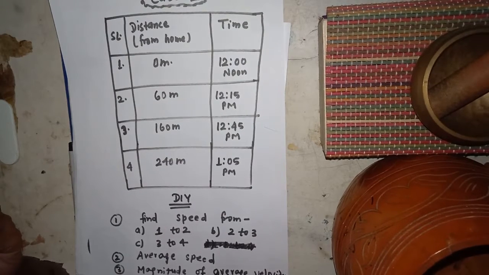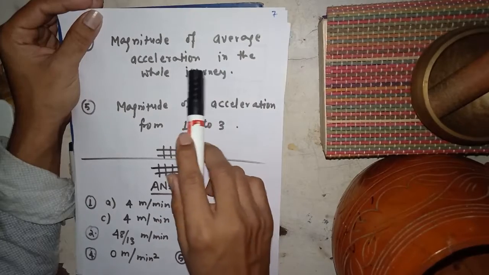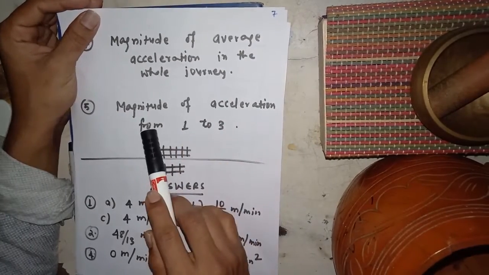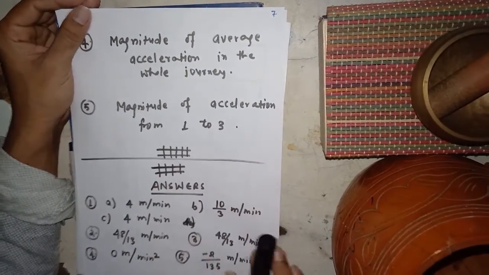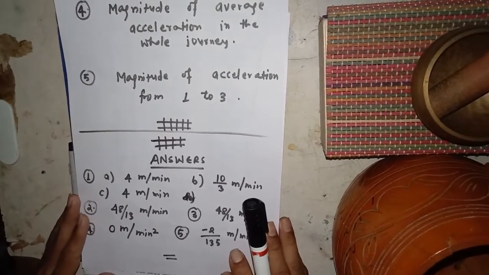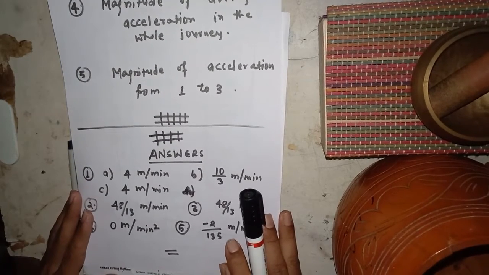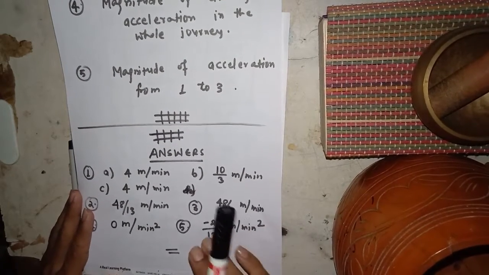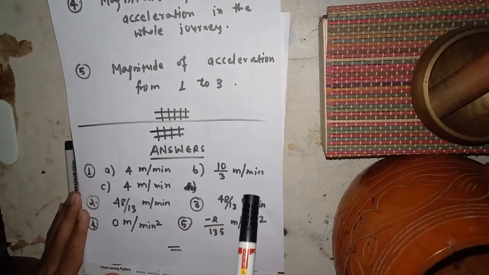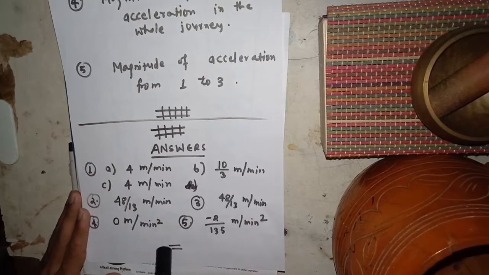Next, the average speed. Third, the magnitude of average velocity. Fourth, the magnitude of average acceleration in the whole journey. And fifth, the magnitude of acceleration from 1 to 3. Now you have noted the five questions. Can you solve them? I have left it for you. So try it at home, do it yourself, and the answer I have written here, so you can match your answer with it.